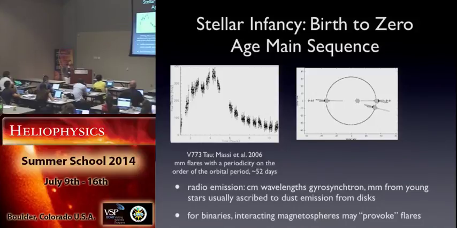Just to show you something a little different that doesn't follow the solar analogy, this is a radio flare from a young star that actually is a binary. And in this case, this is another example of an interacting magnetosphere where the two stars are in an eccentric orbit, and when they come close to each other, the flares occur, and they're periodic on more or less the orbital timescale.